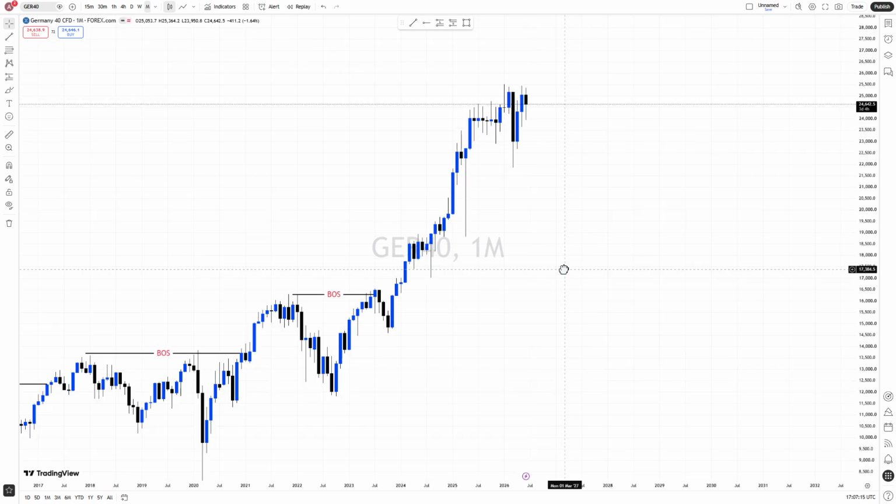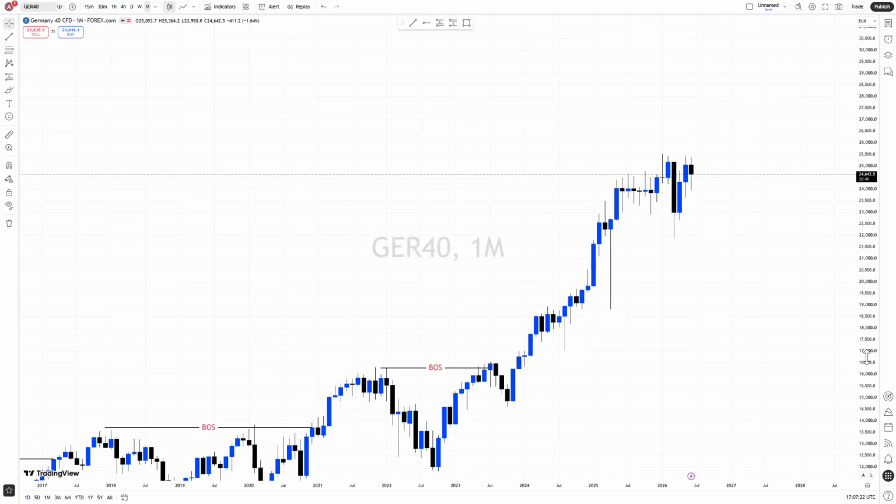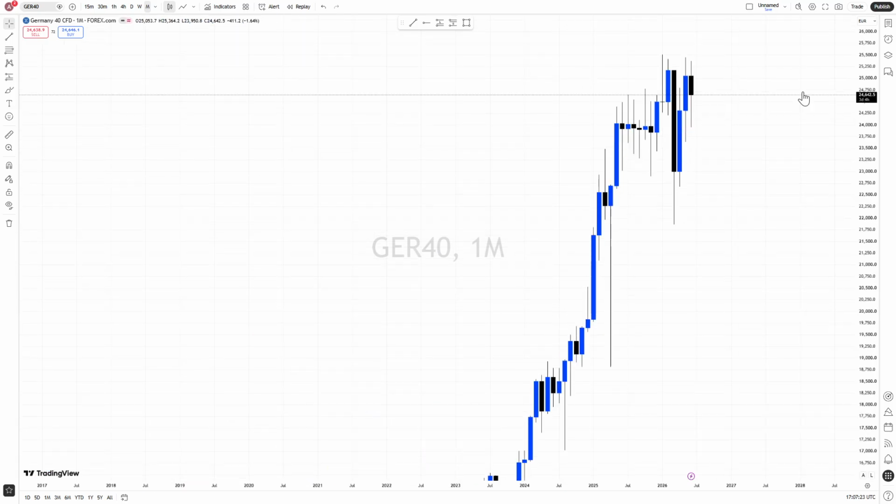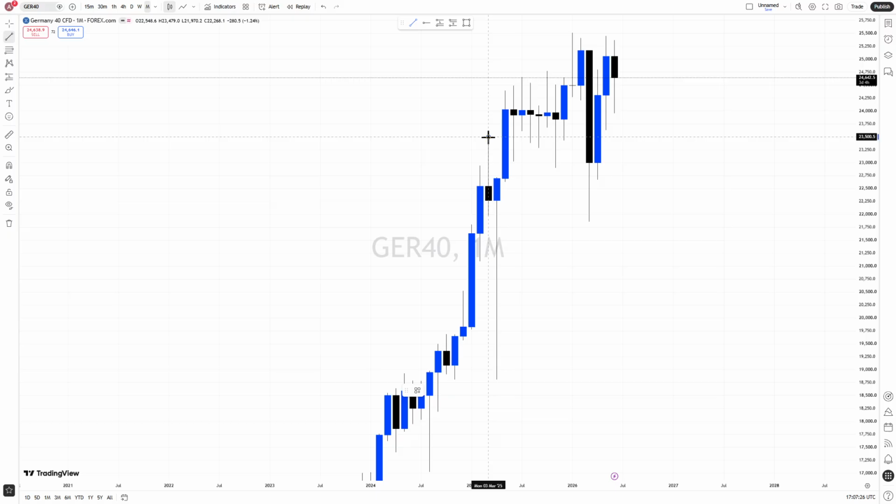Currently this is the breakout structure according to the monthly time frame, but I can see there is this breakout structure here and a tiny breakout structure, but it is a valid breakout structure, right?